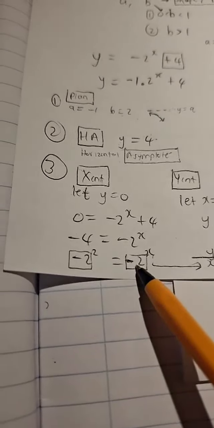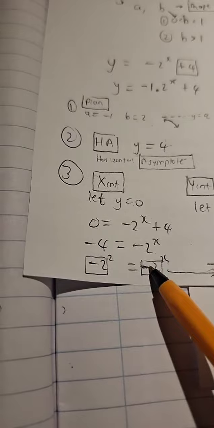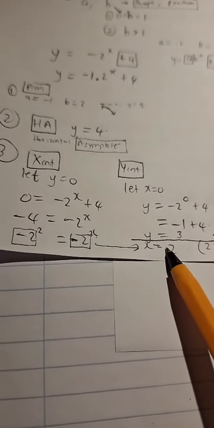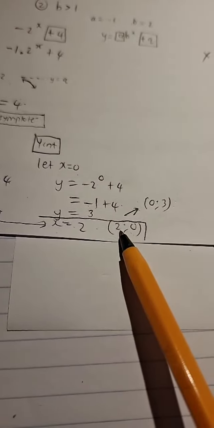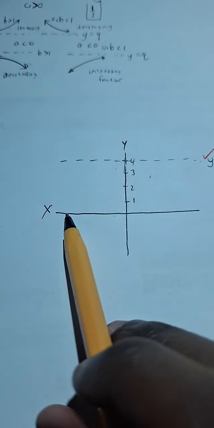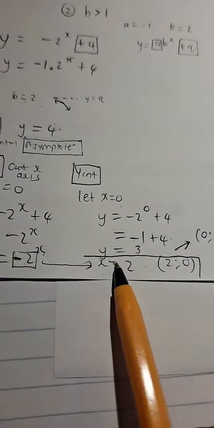When the bases are the same, we drop the base and equate the exponents, so x is equal to 2. That's how we got 2 and 0, which is our x-intercept. What is an x-intercept? It is where the graph cuts the x-axis. Where is the x-axis? Here's the x-axis. Where are we cutting the x-axis? At 2.